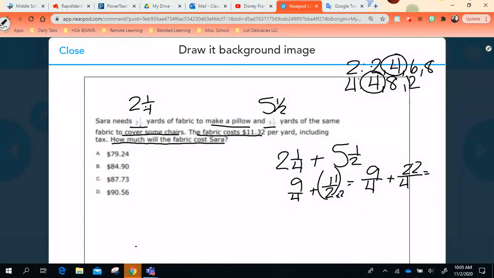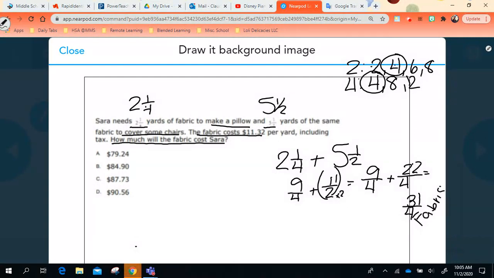So now 9 plus 22 gives me 31, right? Over 4. So ahora sé que William necesita esta cantidad de tela. This is my fabric.